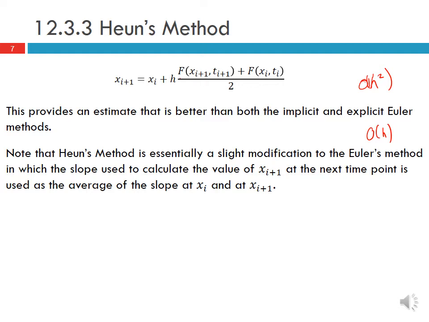If this f is the slope at x_{i+1}, t_{i+1}, and this is the slope evaluated at x_i, t_i, then we're using the average of those two to find our value of x_{i+1}.